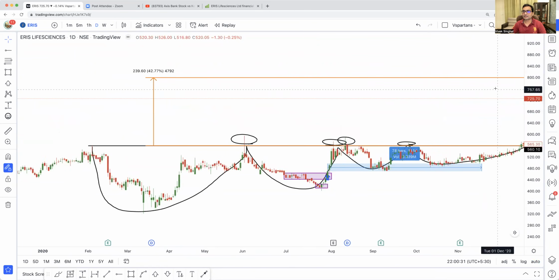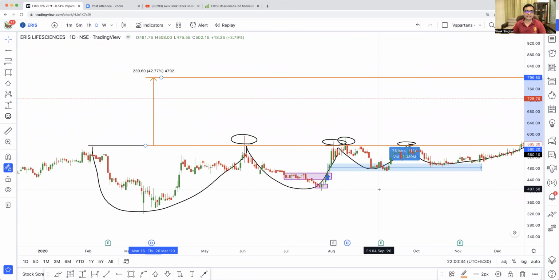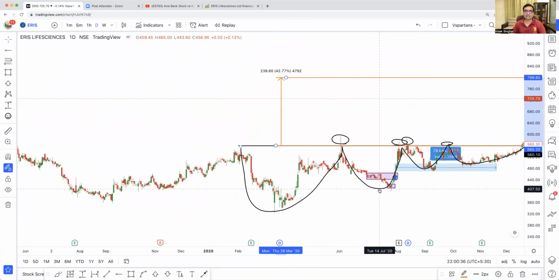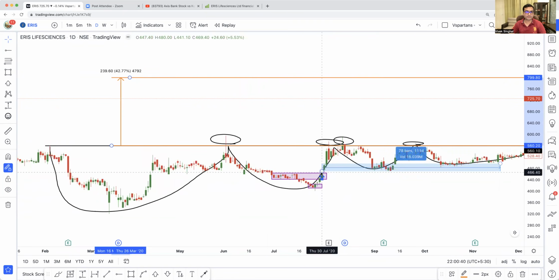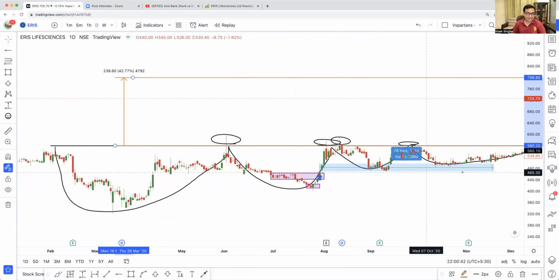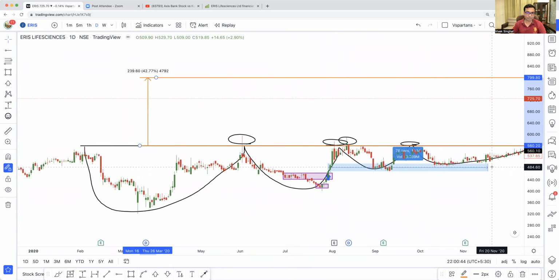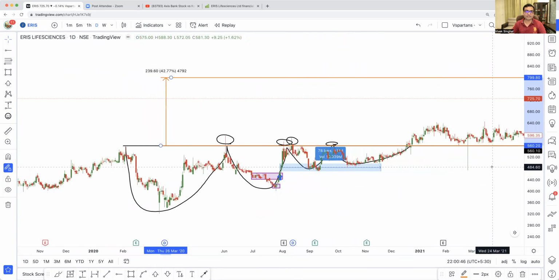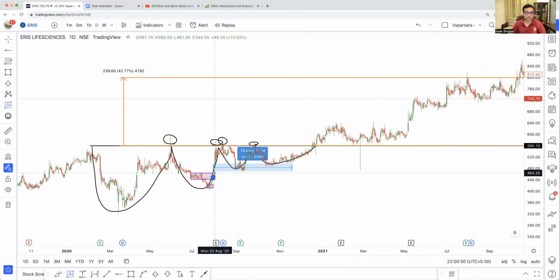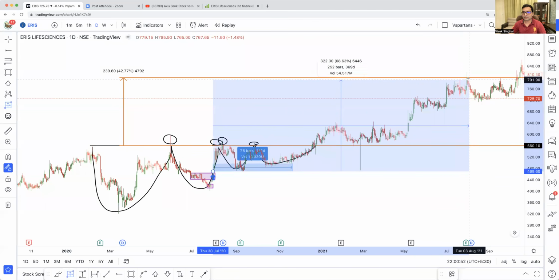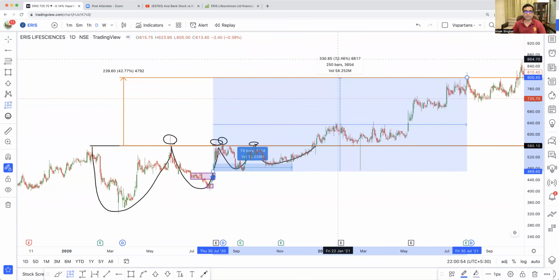And the target is almost 799, 800. Now we must have bought it here. It did nothing for 4 months almost, but it achieved the target, and the total gain from the buying level was 70% in exactly 365 days.